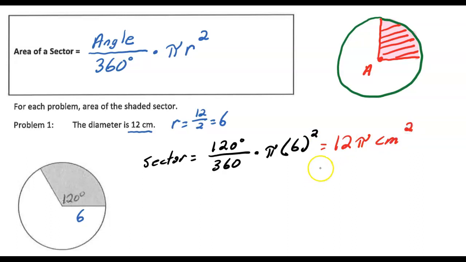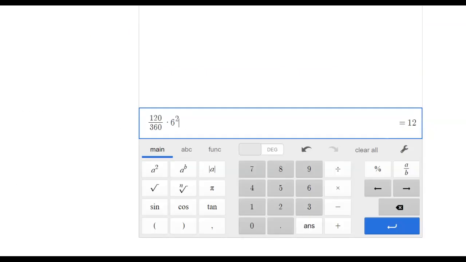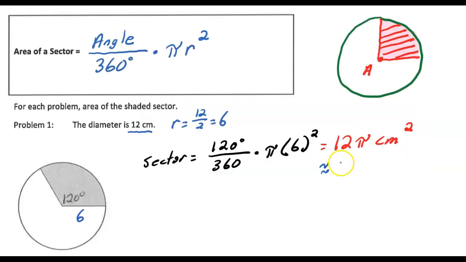Then to get the decimal, I'll go back to my calculator and I'll multiply by pi. So 37.70 centimeters squared. So I'm going to want the exact answer here in yellow in terms of pi. I'm also going to want the decimal approximation that I highlighted in pink.